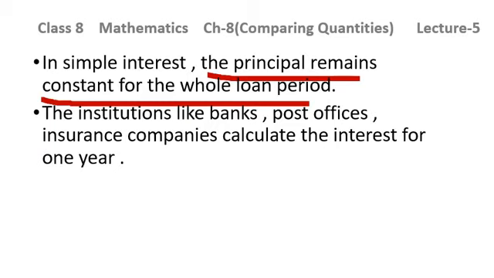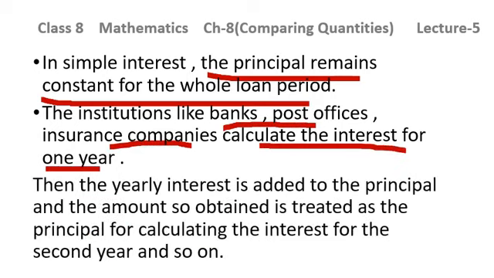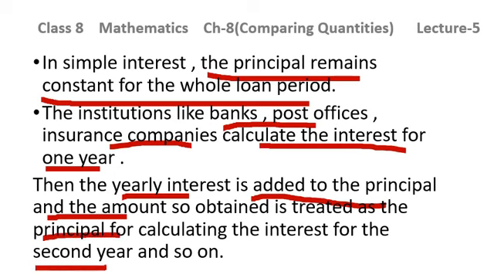They calculate the interest for 1 year and then the yearly interest is added to the principal and the amount so obtained is treated as the principal for calculating the interest for the second year and so on.